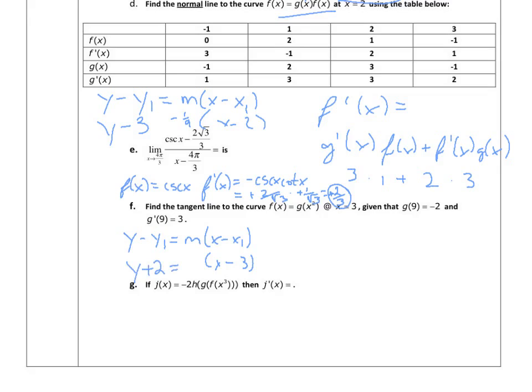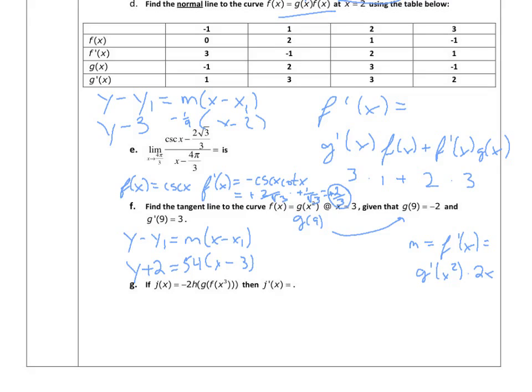So now the only thing I still need is my slope, which is going to come from f prime of x. And from the chain rule, I get g prime of x squared times 2x. So at 3, I get g prime of 9 times 6. G prime of 9 is 3. 3 times 6 is 54. And there's my tangent line.